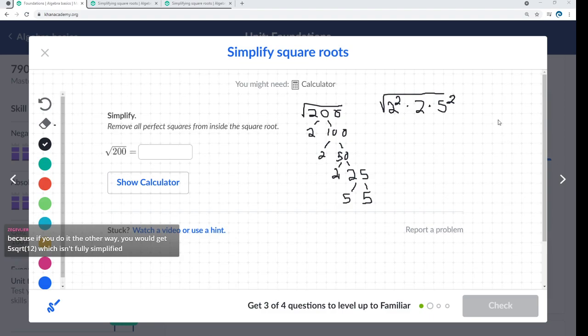Because if you do it another way, you would get got it. Okay. So this is basically a trick to make sure that you are using simplified numbers, right? That's the trick there, is that we would be looking for the square root of 12.